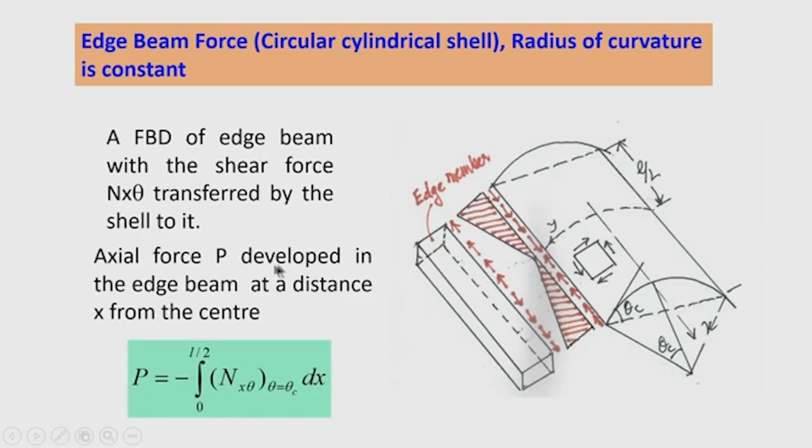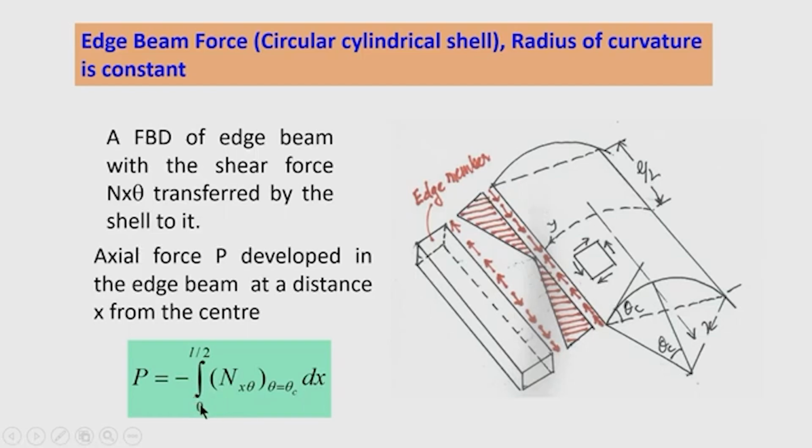So, axial force P developed in the edge beam at a distance x from the center can be given as integration of 0 to L by 2 of n x theta. N x theta has to be found at this edge, that is theta is equal to theta c.